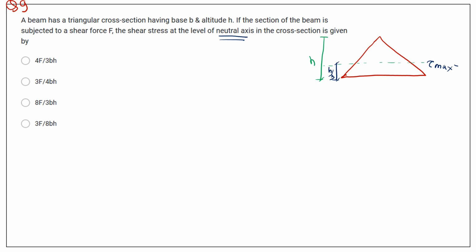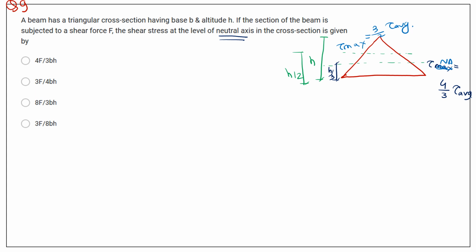For the neutral axis, the tau max means the shear stress is equal to 4 by 3 times tau average. And if they ask about the half axis, or the center, at h by 2 distance, that value is maximum, so tau maximum is 3 by 2 tau average.